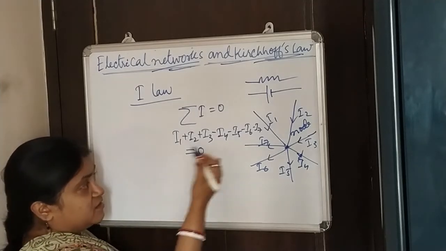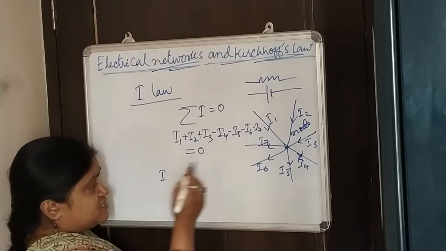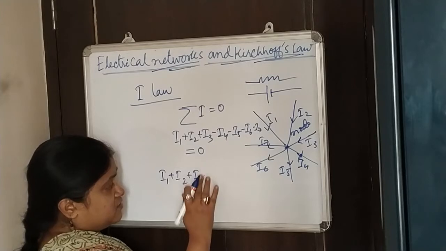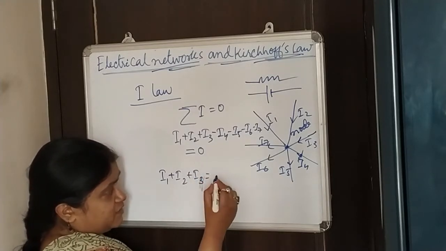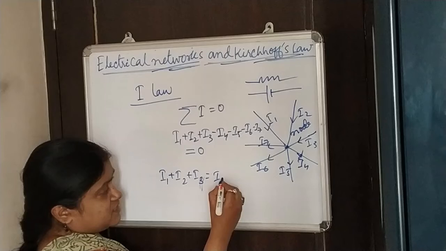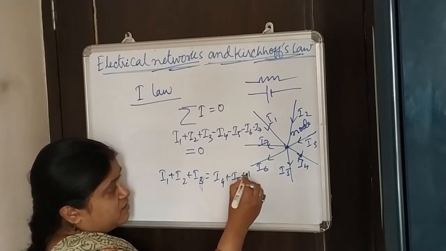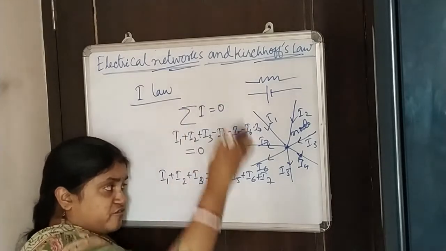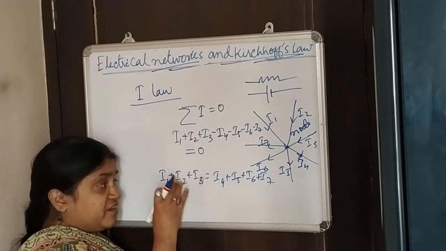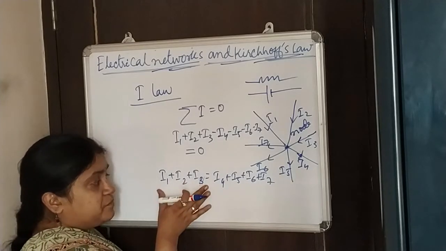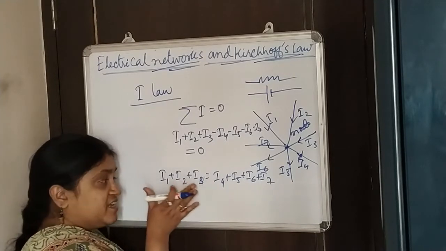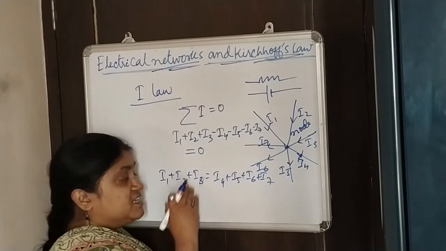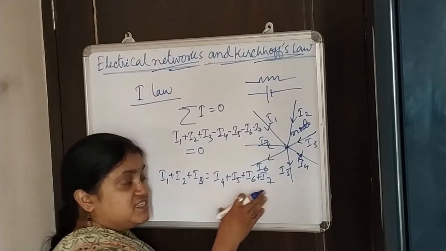From here we can very easily take all the negative currents to the other side. From this, I can derive another conclusion: the sum of all the currents that are entering is equal to the sum of all the currents that are leaving.